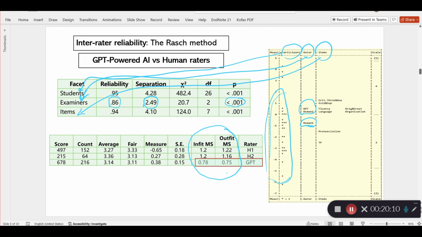So I will leave it here, and I would like to refer you to other videos to see how I have defined psychometric validity and what outfit mean square and infit mean square values are. Generally speaking, this is how we look into external reliability, specifically inter-rater reliability. Now this is the end of the external reliability.